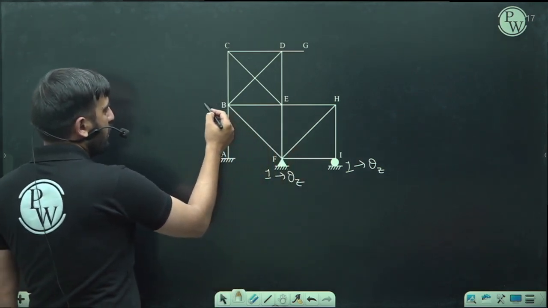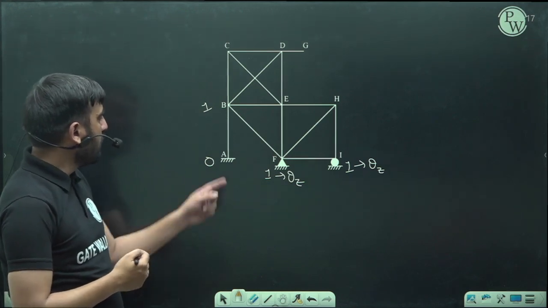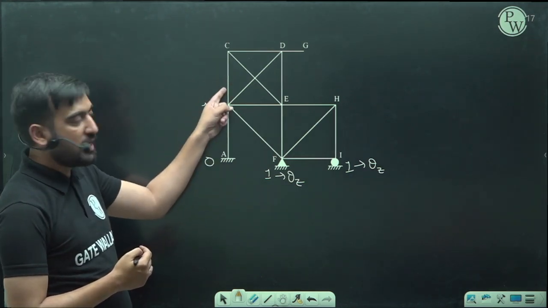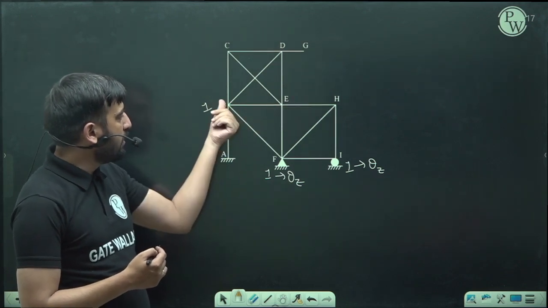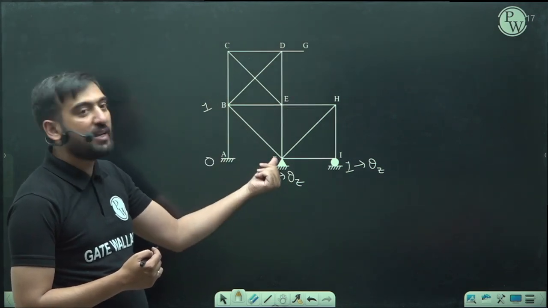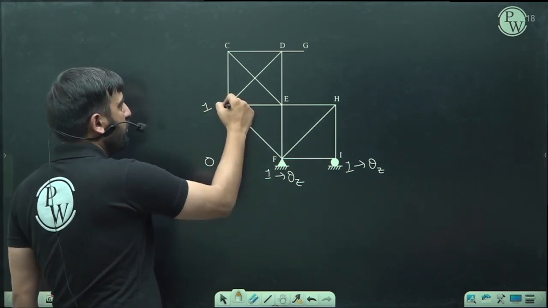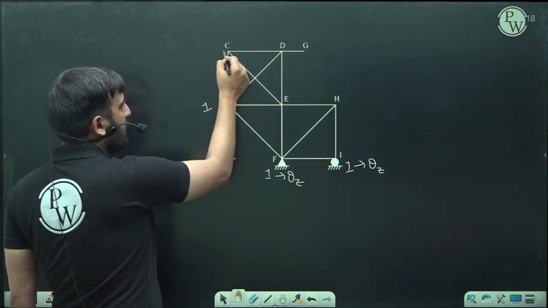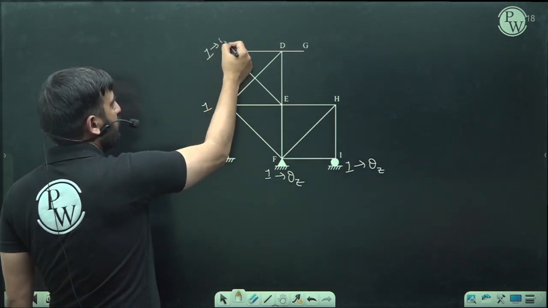Here only 1 deformation is possible. Now why 1? Why not 2? Because AB cannot extend. BE can go in the forward direction, but BF is going to give the bracing effect. So delta X and delta Y will be ignored here. Similarly, delta X and delta Y will be ignored here. So only 1 theta Z will be here.